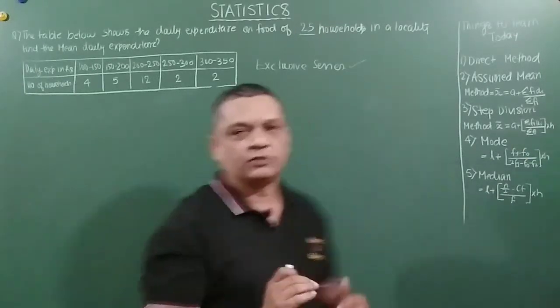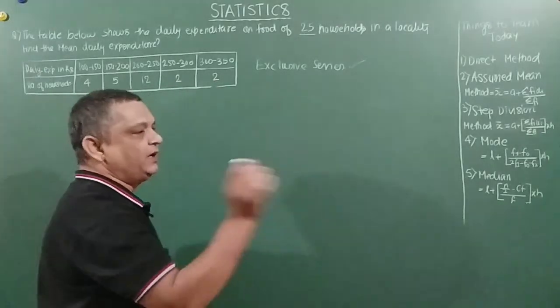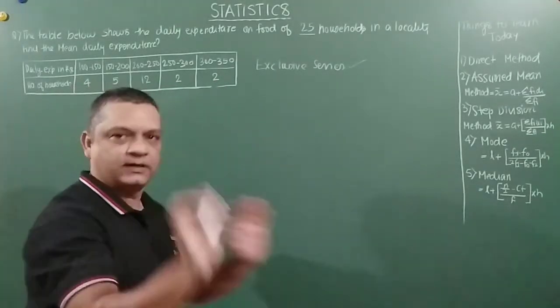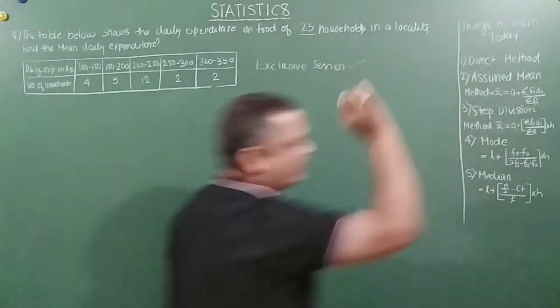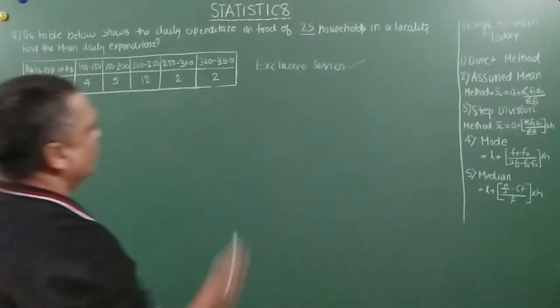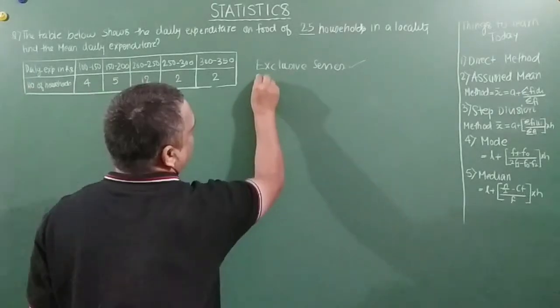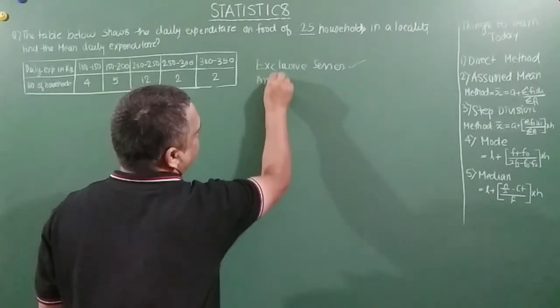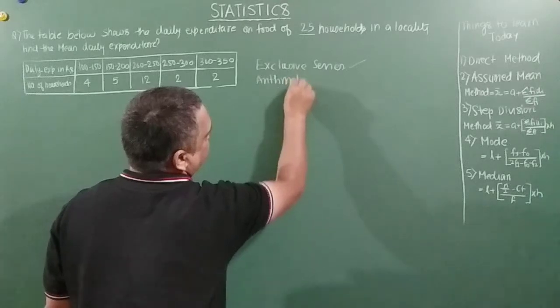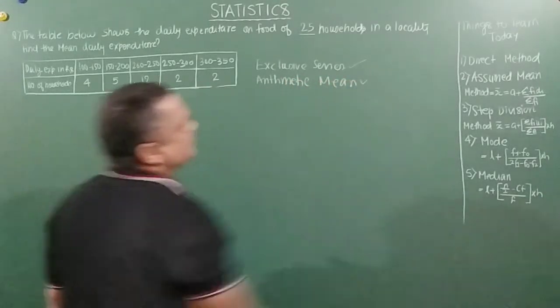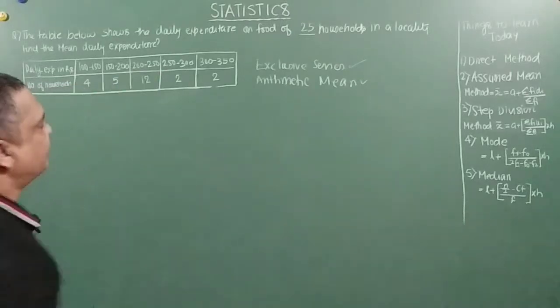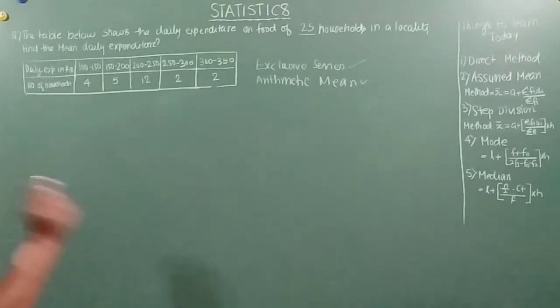Arithmetic mean is nothing but the mean which you take out using these three methods: direct, assumed and step division method. I just wanted to highlight these two points before I start solving the problem. Now let us come to the problem, friends.